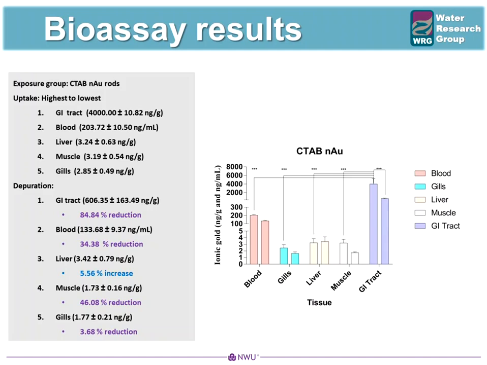If we look at the depuration results, the GI tract underwent an 85% reduction in the sum of ionic gold, the blood underwent a 35% reduction, more or less, the muscle underwent a 46% reduction, and the gills just less than a 4% reduction. The liver, on the other hand, was the only organ to have an increase in the sum of ionic gold over the time period, and this is perhaps due to the role of the organ.